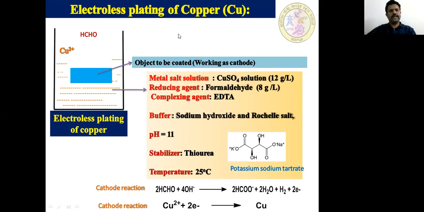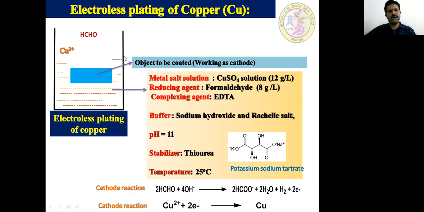So how to conduct electroless plating of copper? We already came across the surface preparation, the surface cleaning, and later surface activation. After that, the substrate should be transferred into the electroless plating bath.